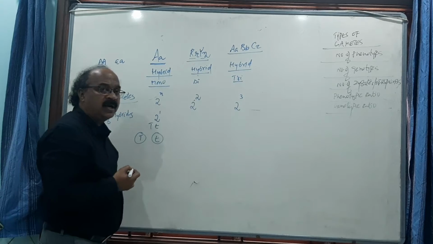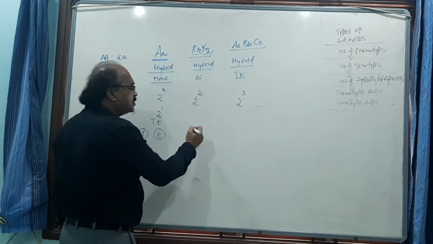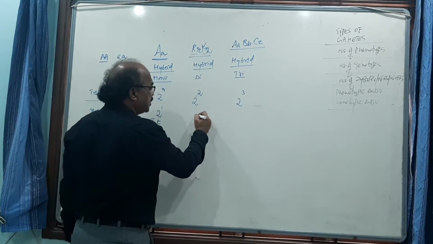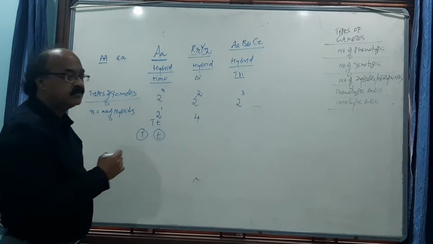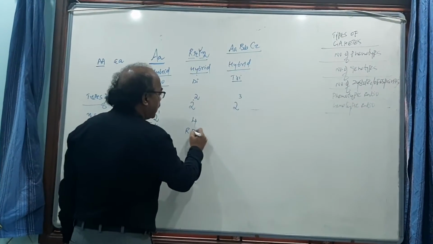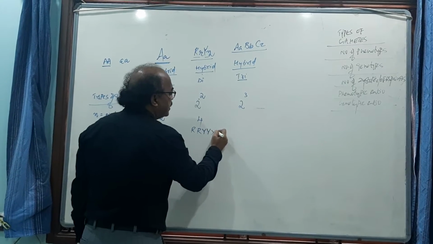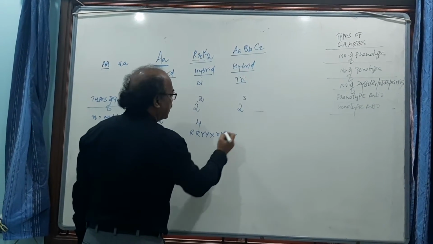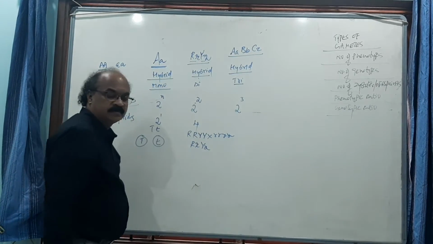In a dihybrid, 2 raised to 2, you are getting 4 gametes. Say capital R capital Y, capital R small y, small r capital Y, small r small y.